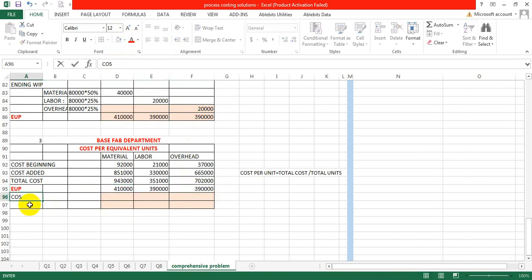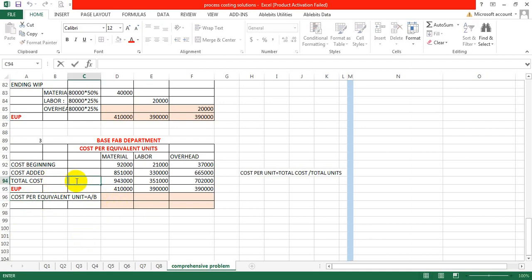Cost per unit equal to cost per equivalent unit equal to A divided by B. Okay, what is my A and what is my B?